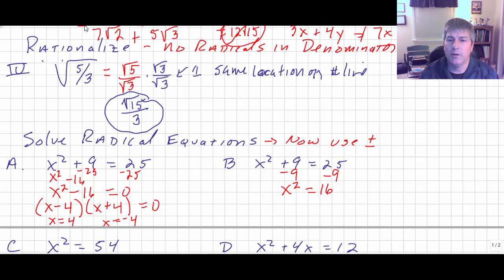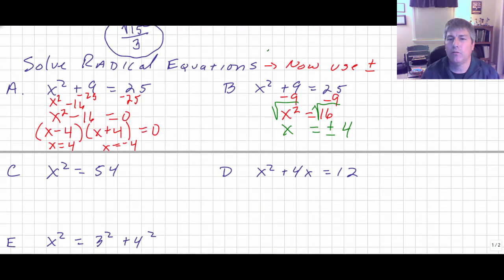Well, you probably know to undo x squared, we can simply square root both sides, and we can do that. And we'd say x equals 4. But if we don't do the plus or minus, we lose one of our solutions. So you can see here when we factor this as a difference of two squares, same problem, we get two different solutions. Well, that explains why we have to do the plus or minus.